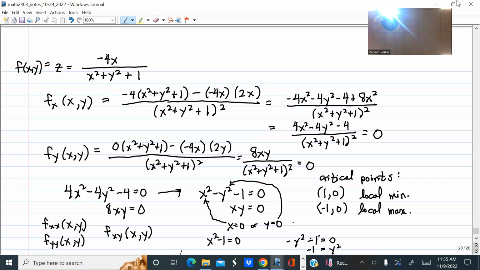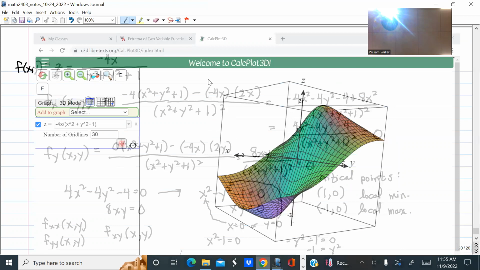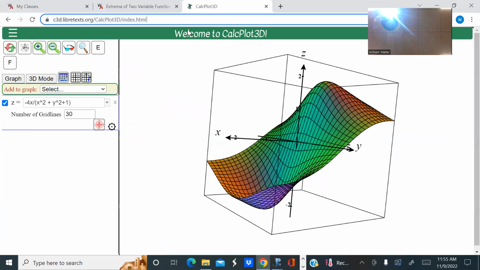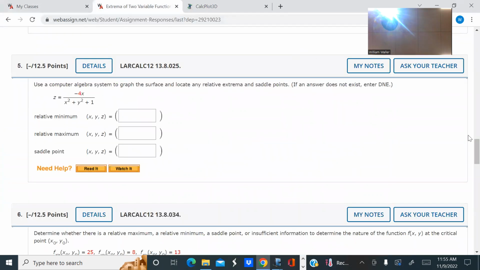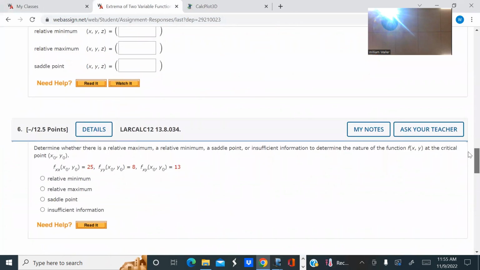But on other problems, of course, you don't necessarily have to draw graphs. I can get back to my homework here. For instance, problem number 6 is kind of a baby version of using the second derivative test.